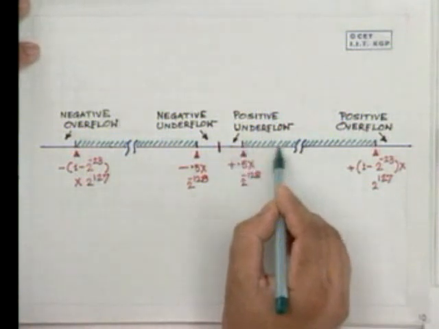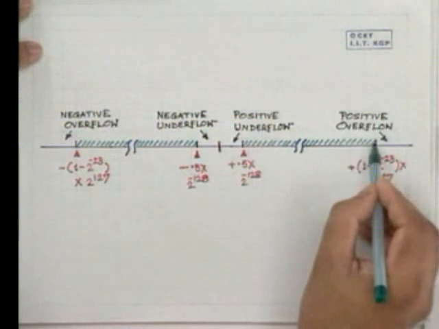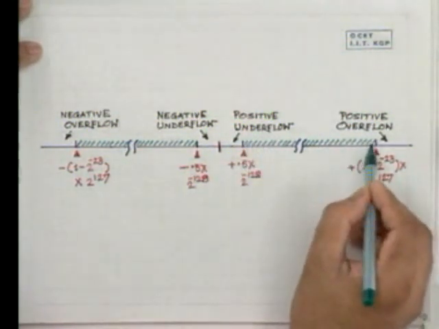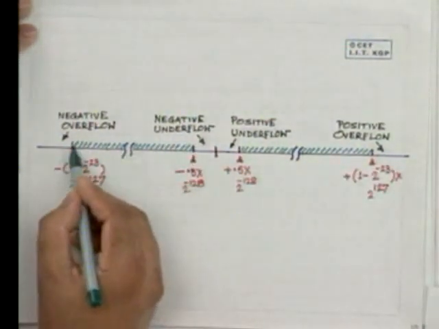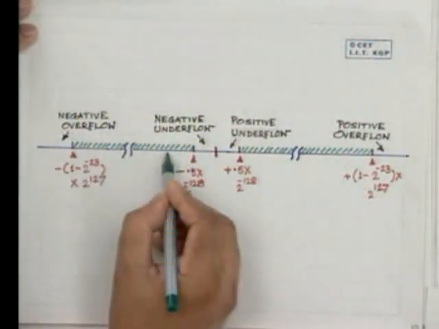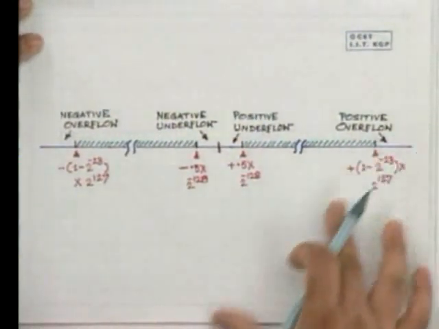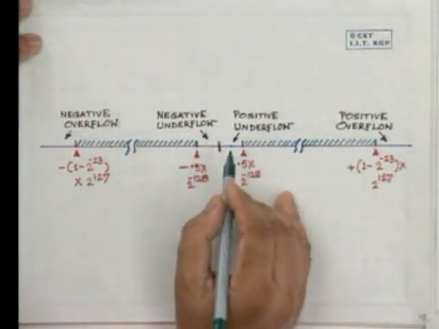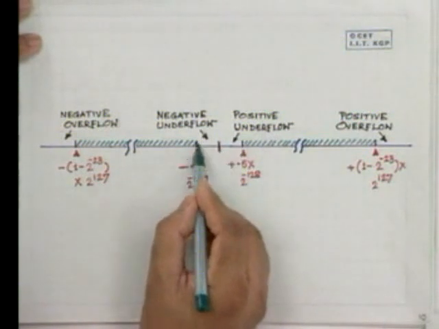Therefore, these are the real numbers, some of which we can represent by this number representation scheme that we have described here. And on the negative side, these are some of the real numbers which can be represented by this scheme. And some numbers are there which cannot be represented at all. For example, here are the numbers which cannot be represented.